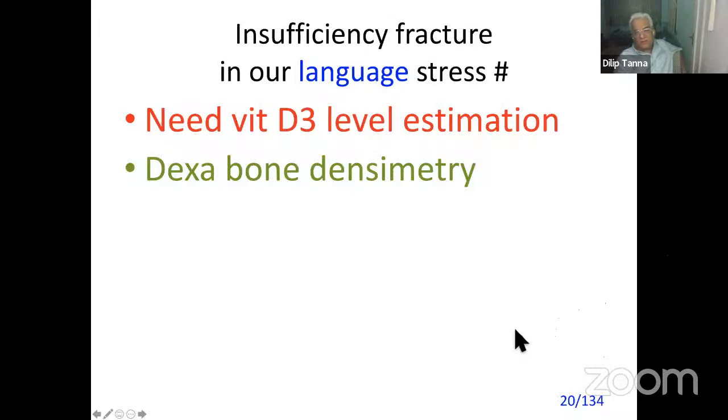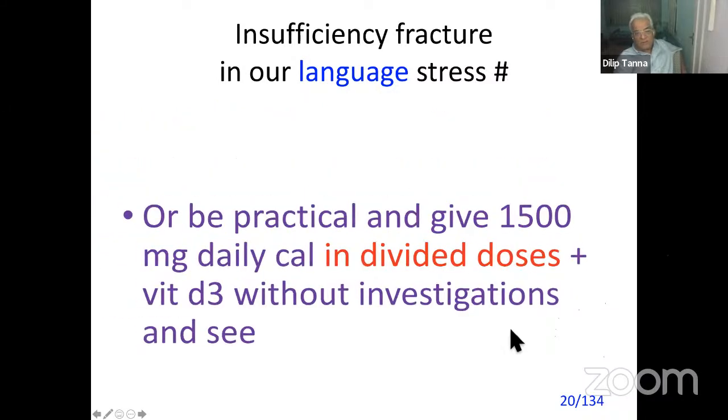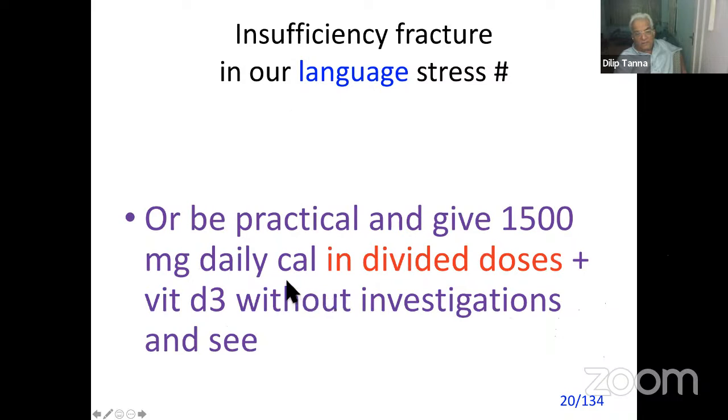Insufficiency fracture, in our language stress fracture, needs vitamin D3 estimation and DEXA bone densitometry, or be practical and give 1500 milligrams daily calcium in divided doses plus vitamin D3 without investigation and see. This you can do in a setup in which you cannot do the estimation, because vitamin D estimation takes a long time and quite a lot of money.